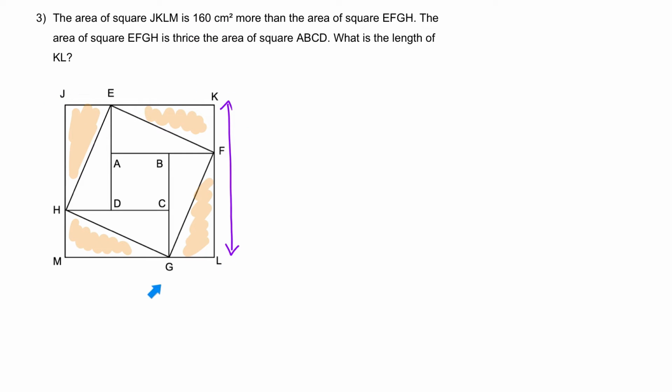If you take the outer square, you minus away the area of the slanted square, you'll just be left with the difference. And in this case, it is 160. Given that each of them are identical triangles, am I right? Therefore, we take 160 divided by 4, we will get 40, 40, 40, and 40.